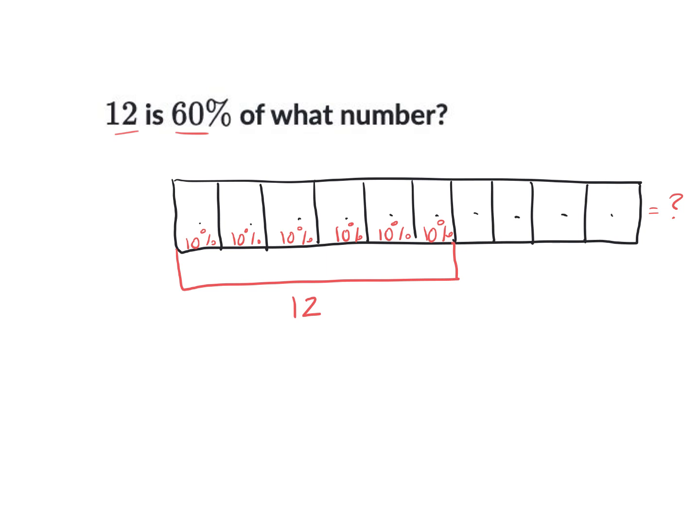Could be 6. So look and see if we broke 12 into 6 parts, what would each of those parts have to equal? 60. What plus what plus what plus what plus what? And to find that mystery number, right, you can think 12 divided by 6 is 2. So these each have to equal 2.